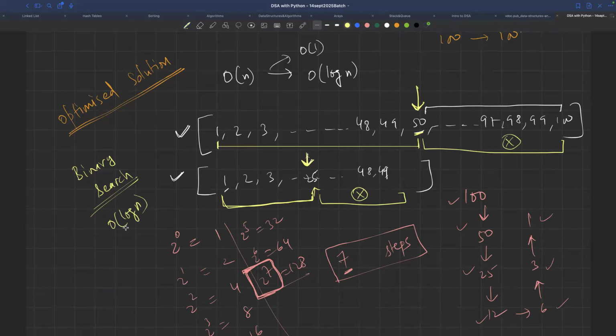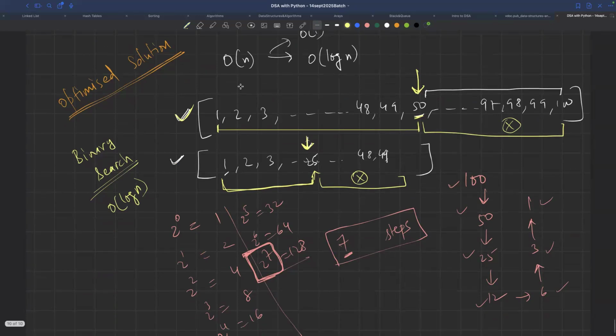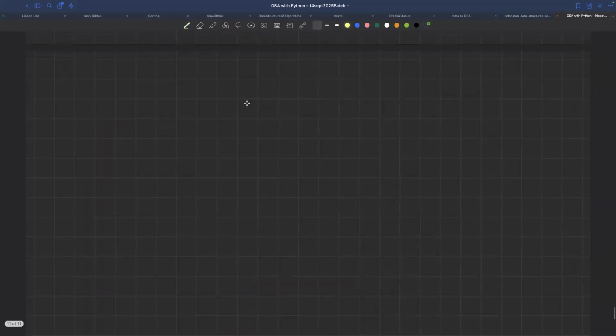Saif Akhtar is saying that binary search list should be sorted. Yes, correct. So this is also sorted, no? Again, I'm not trying to teach you about binary search right now. I'm just trying to teach you about different time complexities that can exist. Did everyone understand this? Now, if I'm asking you to implement it in Python, how will you do?